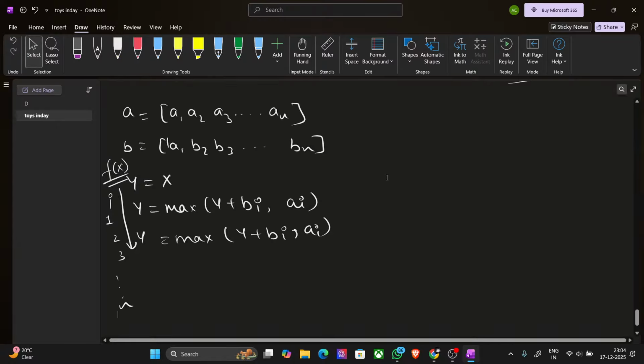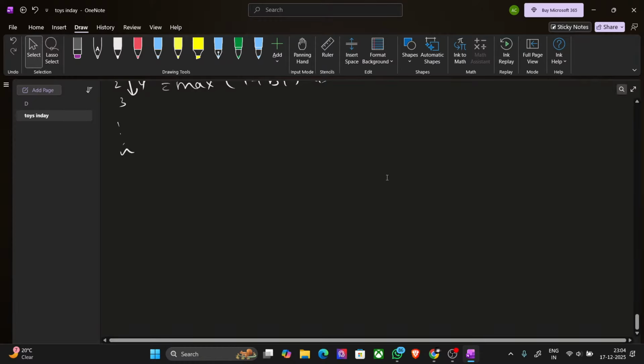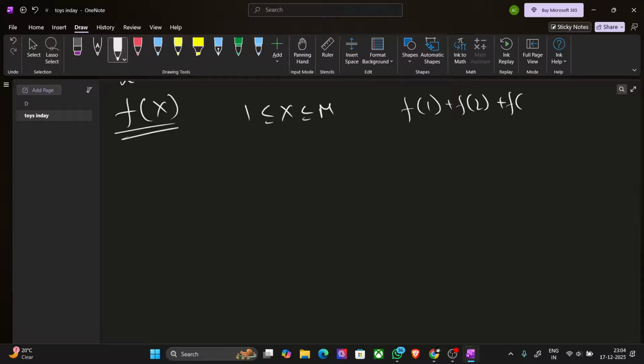Now I will dive into the formulation part. So how the formula is derived for this problem and how you should approach it. I don't know any x. Let's start with f(x), and x can be any value from 1 to m, as we are asked to find f1 plus f2 plus f3 up to fm.